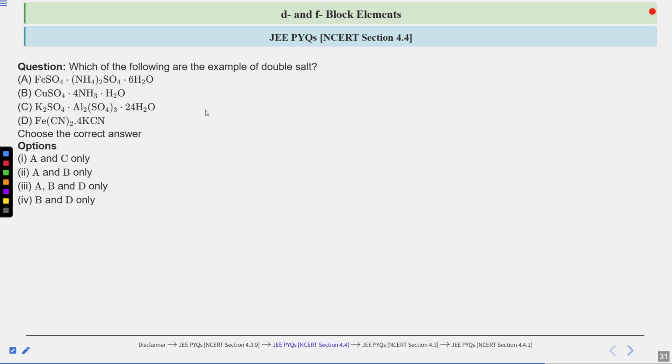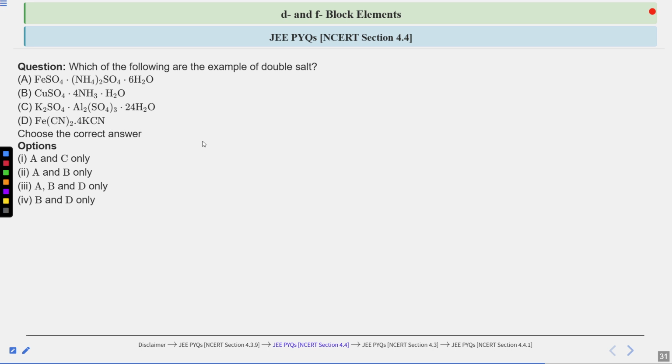The A salt is FeSO4.(NH4)2SO4.6H2O. B is CuSO4.4NH3.H2O. C is K2SO4.Al2(SO4)3.24H2O. And D salt is Fe(CN)2.4KCN.